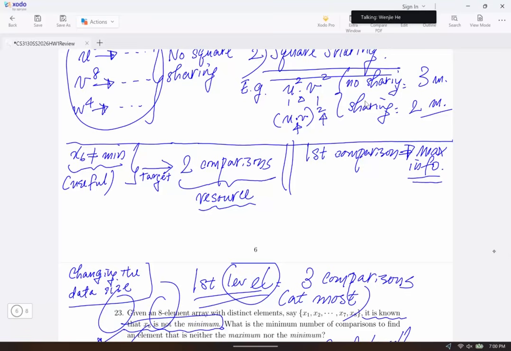We have several ways to apply it. Look at our data: x1, x2, x3, many, but x6 is special.